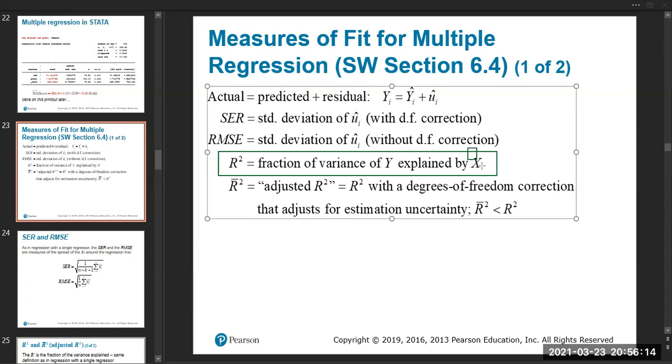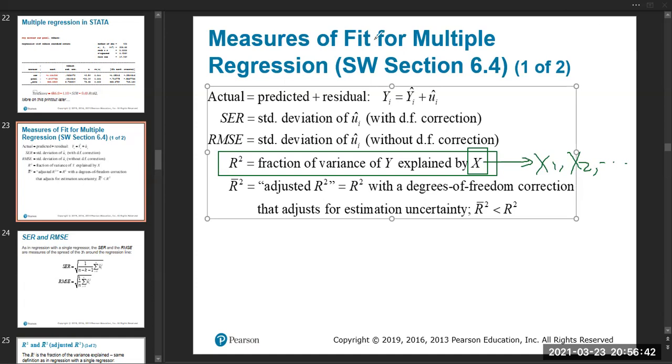Here, x means all the x in your equation. It can be x1, x2, or if you have, let's say, 10 independent variables, then R squared is the fraction of variance of y explained by all of these independent variables.